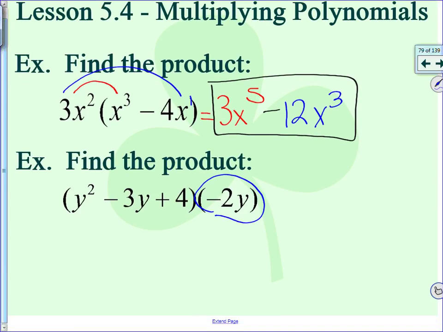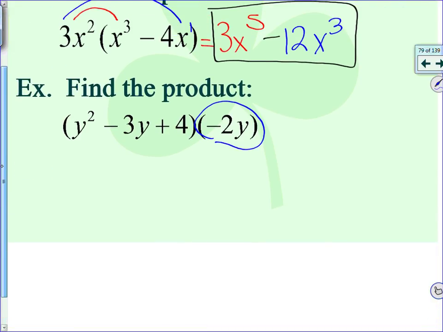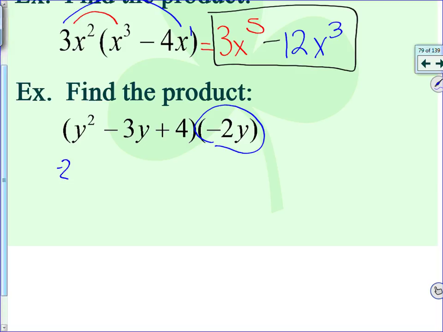So I tend to like to move this out to the front. And so then it looks like I'm distributing more, because I am distributing, but it just follows that structure a little more closely. So it's up to you if you want to keep it the way it is. You can, but I like to move the monomial to the front if there is a monomial.